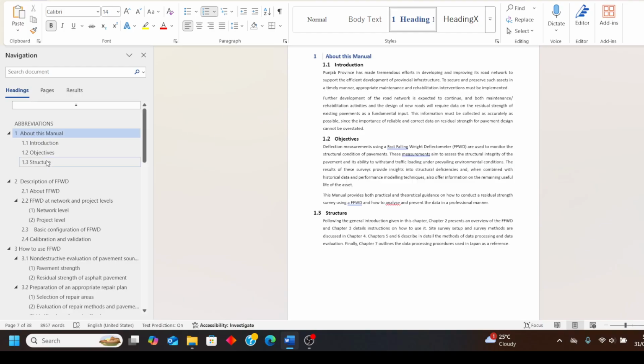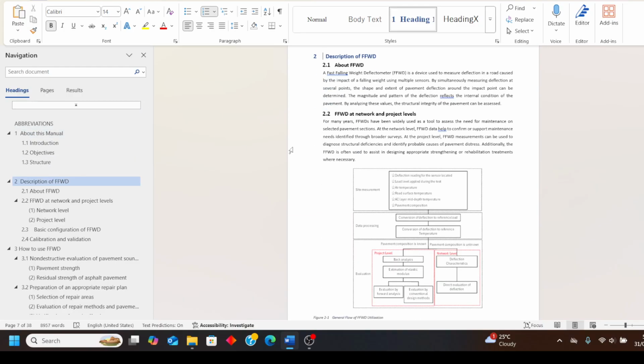Now I will move to the second chapter of this manual, which is regarding the description of FFWD. It states the working principle of FFWD, in which a weight is dropped and a load is applied. Then basically the pavement deflects, and this deflection is measured by the sensors.